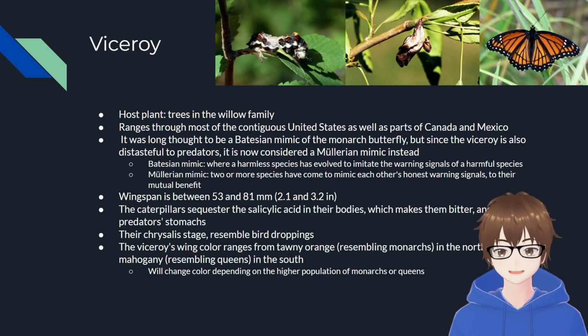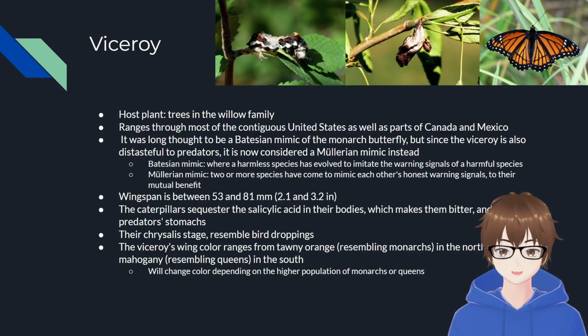It was long thought to be a Batesian mimic, which is a harmless species that evolved to imitate warning signals of a harmful species like the monarch. But instead, it is now thought to be a Mullerian mimic, which is two or more species that have come to mimic each other's warning signs to their mutual benefit.